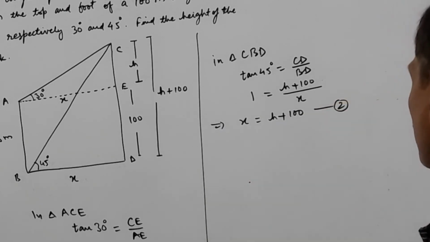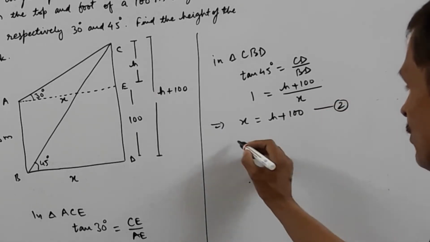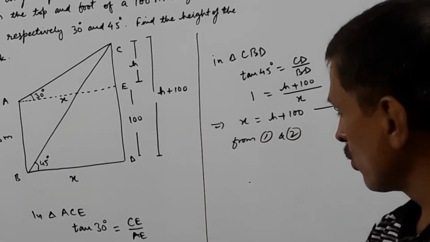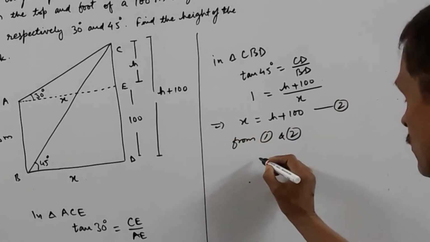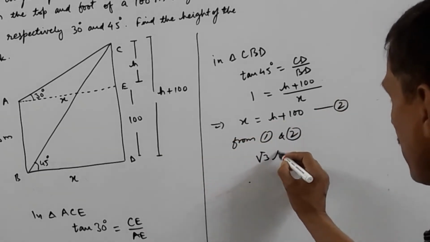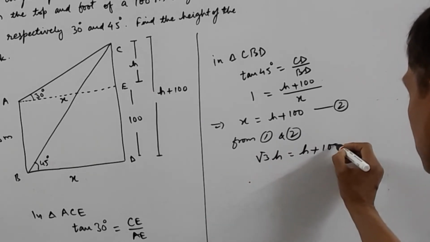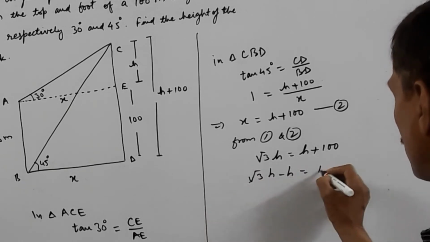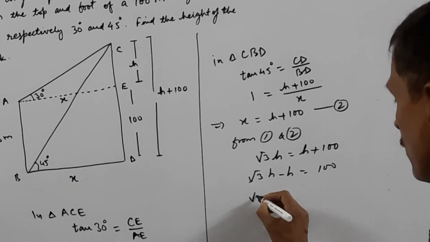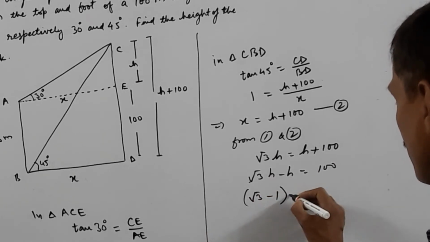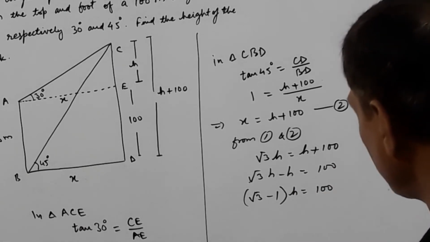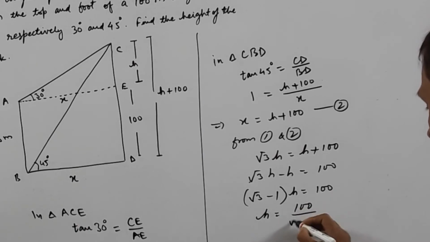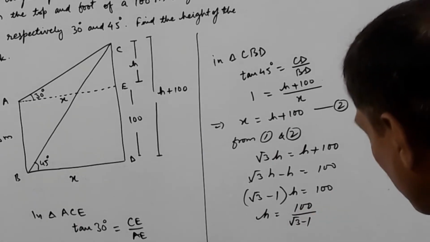This is 2. From 1 and 2, x is root 3H and x is H plus 100. So root 3H is equal to H plus 100, or root 3H minus H is equal to 100, root 3 minus 1 into H is equal to 100, taking H common, or H is equal to 100 upon root 3 minus 1.